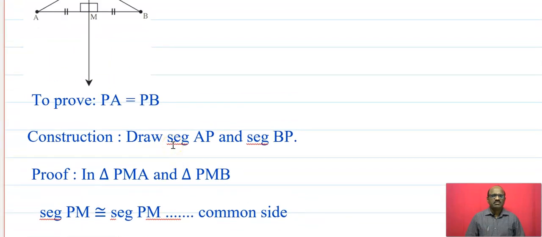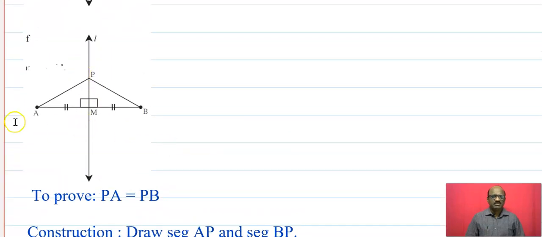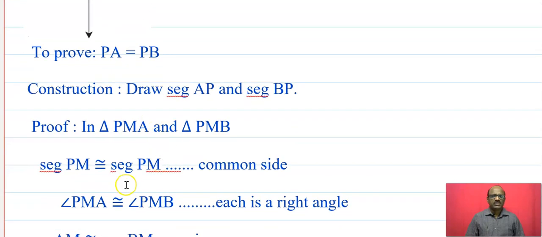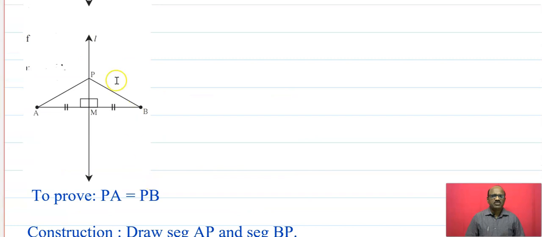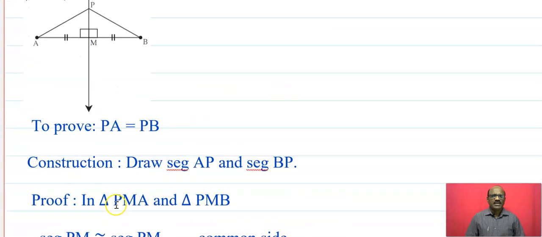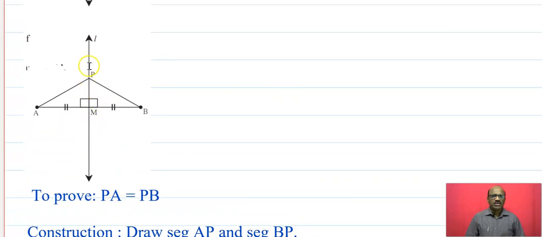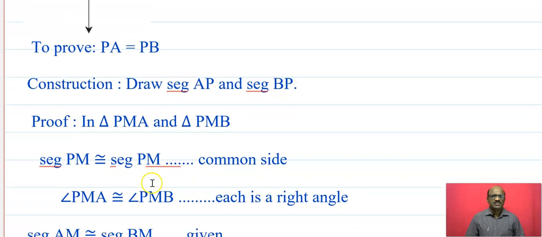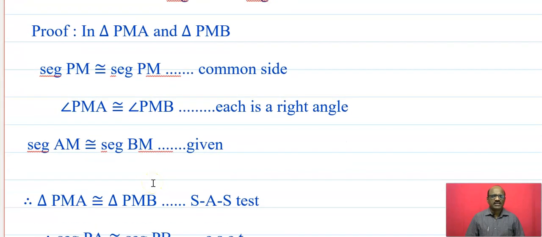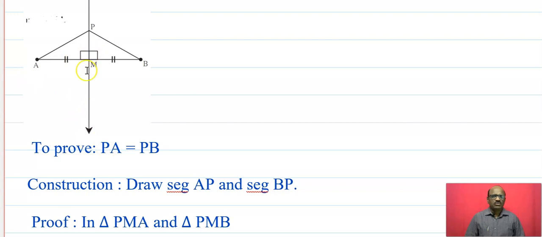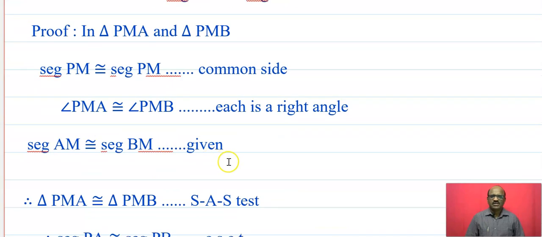Now in triangle PMA and triangle PMB, in these two triangles, segment PM is congruent to segment PM, angle PMA is congruent to angle PMB, that is each a right angle, each 90 degrees, and AM is congruent to MB, which is given.